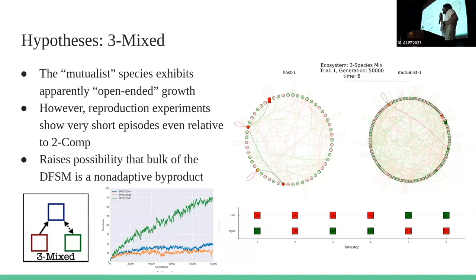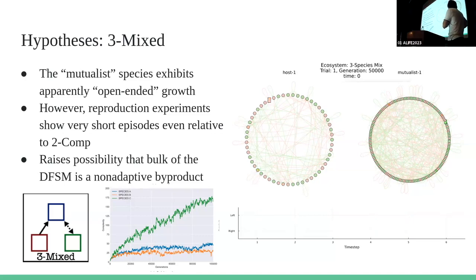But when I was doing reproductions of this to try to verify, I noticed that the episodes were very short, even relative to the much, much smaller machines in the competitive group. So even though this machine on the right, the mutualist, has over 150 states, its interactions were only 6 time steps long. So this led me to hypothesize that the bulk of the growth could in fact be a non-adaptive byproduct of the evolutionary process.